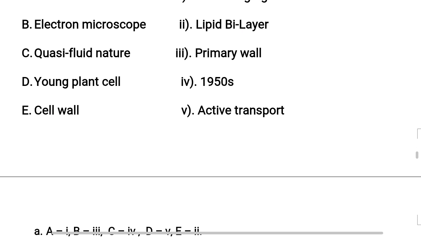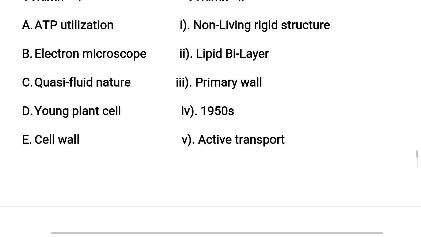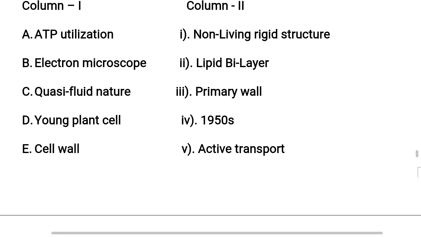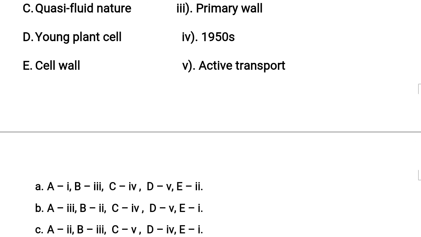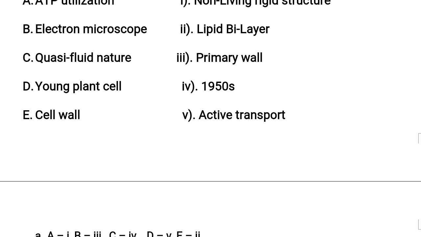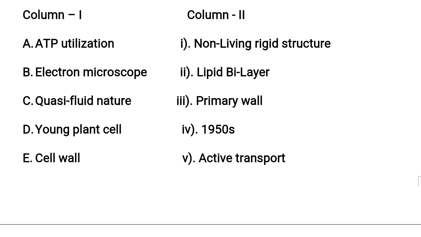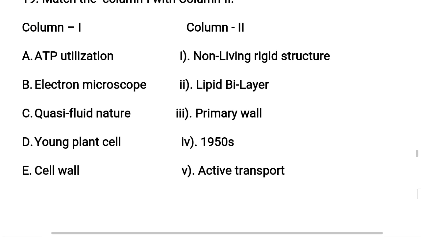Next, young plant cell. Young plant cells help in the primary growth of plants. So primary wall formation is done by the young plant cell. This is a very important point. Next, E, cell wall. The cell wall is an important structure in plant cells, the outermost layer, and it is a non-living rigid structure.